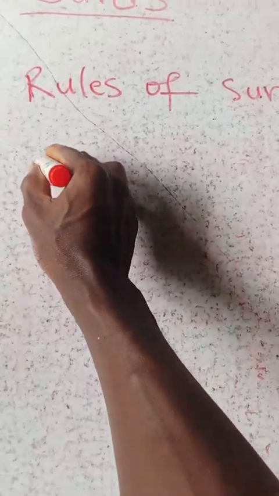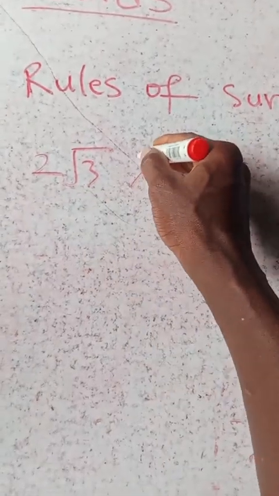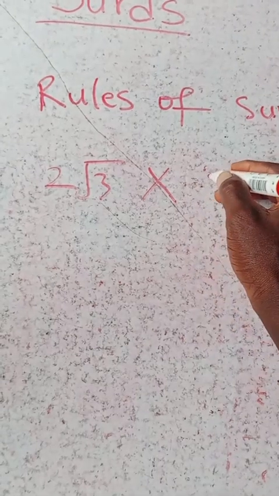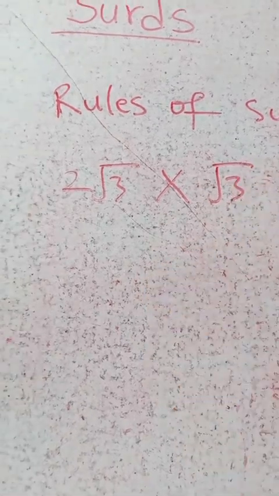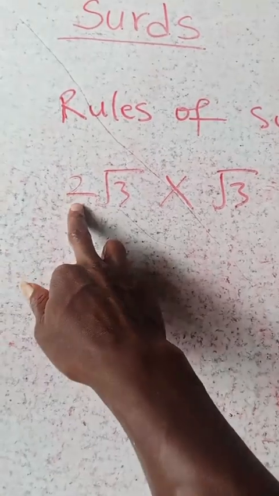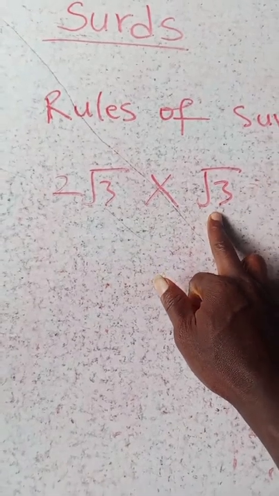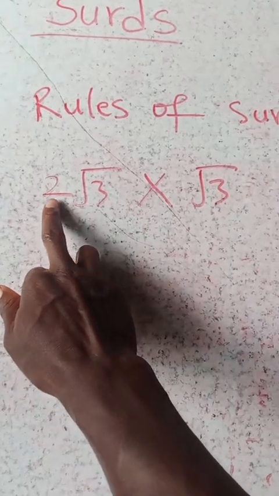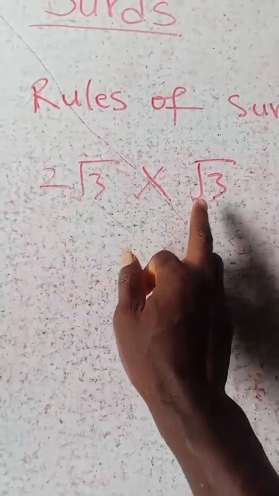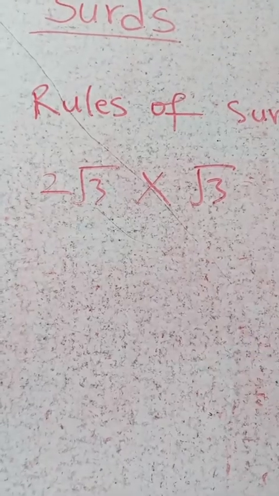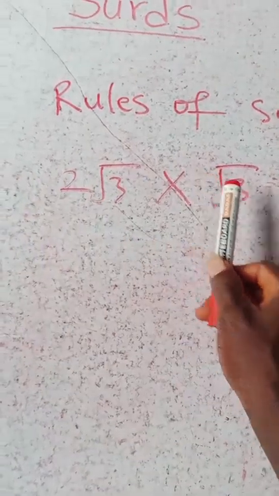Again, if I have 2 root 3, look at this one: 2 root 3 multiplied by root 3. Here we have numbers. This one is 2 root 3 times just one root 3. So what you do, you first of all multiply the numbers before you multiply the roots. Or better still, you multiply the signs. The signs are plus here, plus here, so plus times plus is plus.